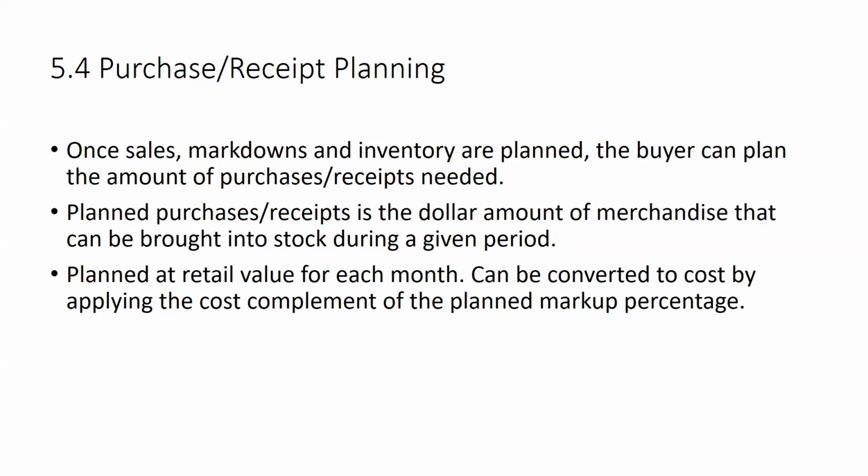And I will go over how to calculate EOM. The buyer can plan the amount of purchases or receipts which are needed. They are the dollar amount of merchandise that can be brought into stock during any given period of time.